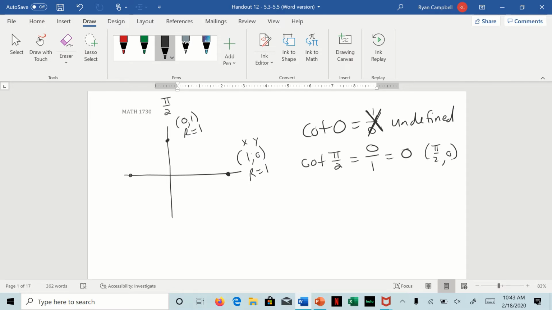Let's keep going. Let's go to pi. At pi, that point's going to be negative 1, 0 with the radius of 1. And again, that's x over y, so negative 1 over 0. Once again, we have an undefined point.